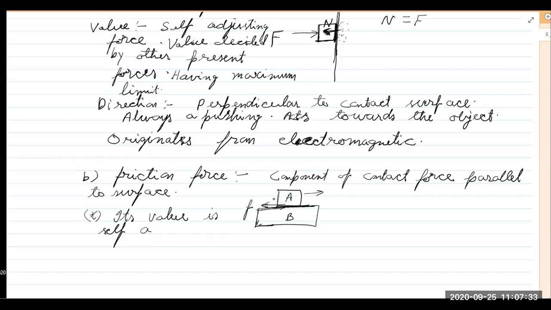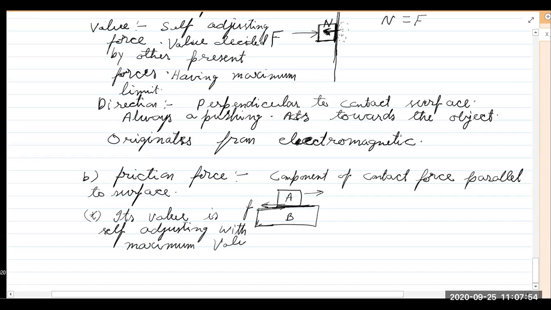So the friction also has a maximum value. But we will discuss these things in detail in the friction chapter, when we will be discussing friction separately. So for now, we are writing its value is self-adjusting with maximum value mu N. So mu is what?